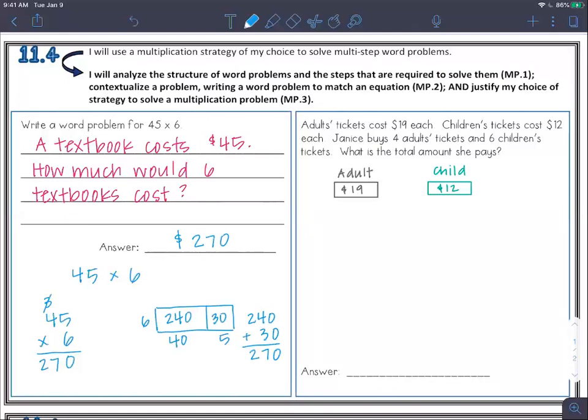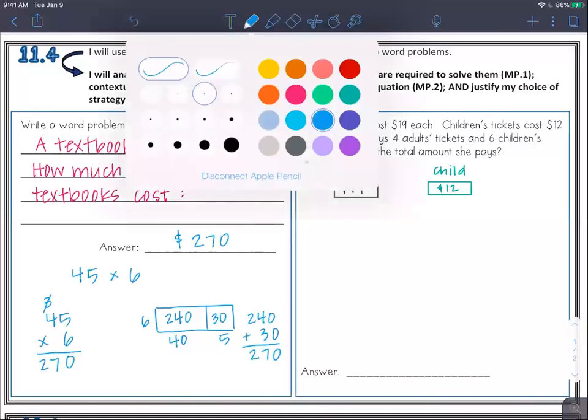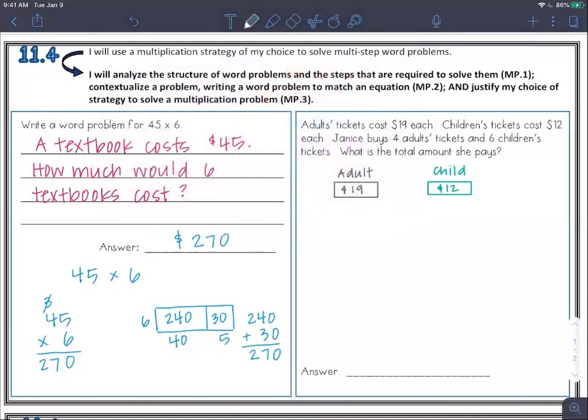Let's take a look over here. Adult tickets cost $19 each. Children's tickets cost $12 each. Janice buys 4 adult tickets and 6 children's tickets. What is the total amount she pays? Now, I always like using color. So again, if I want to circle or highlight or underline my word problem, so adult tickets cost $19 each, okay?